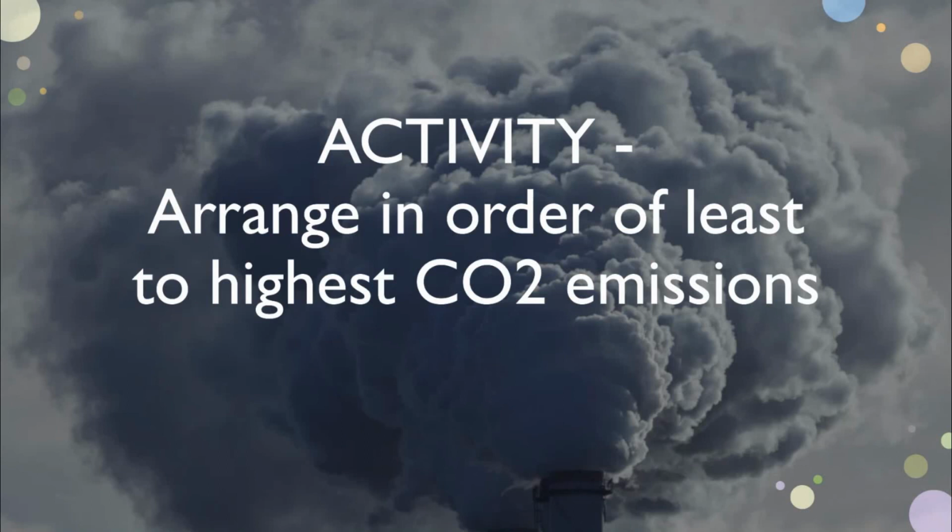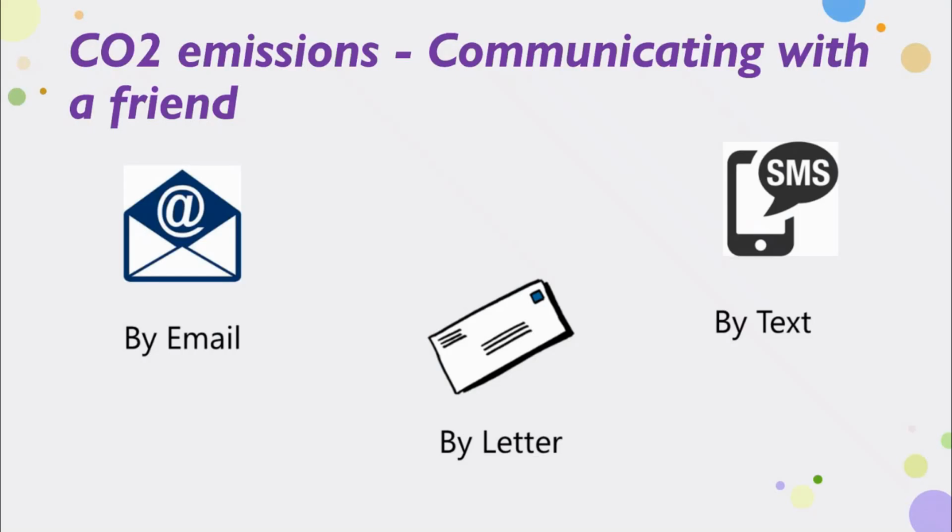So what I want you to do as an activity in the class, with nothing serious really, I want you to organize, arrange these from least to the highest. Which one do you think is the least in terms of emission? And which one do you think is the maximum, is most? And why?